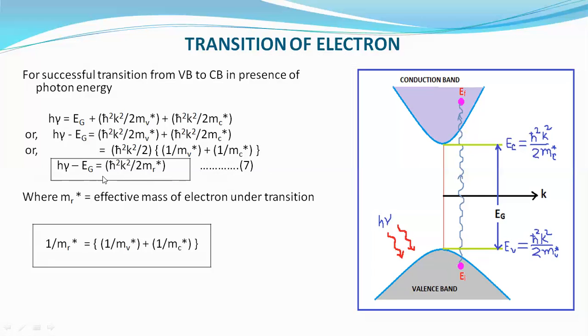So h nu minus Eg is equal to h cross square k square upon 2 mr star, where mr is the effective mass of the electron under transition from the valence band to the conduction band or vice versa. So 1 upon mr star is equal to 1 upon mv star plus 1 upon mc star. This mr is the mass of transition.